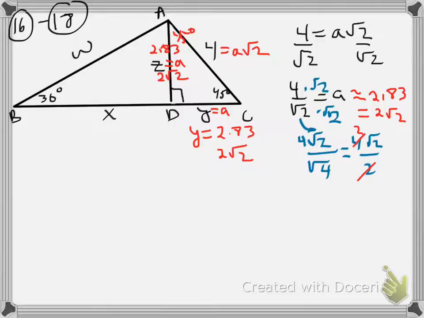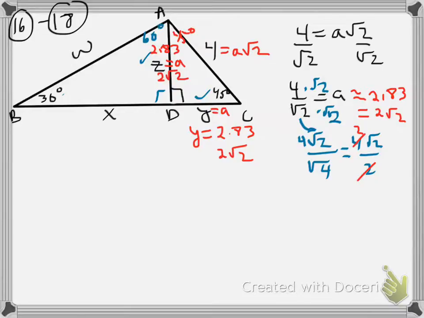Okay, so we already know Z and we know Y. So now I'm going to do it in yellow. There's this other triangle right here, the triangle ADB. And if that's 30 degrees down here, and this is 90, then this has to be 60 degrees.